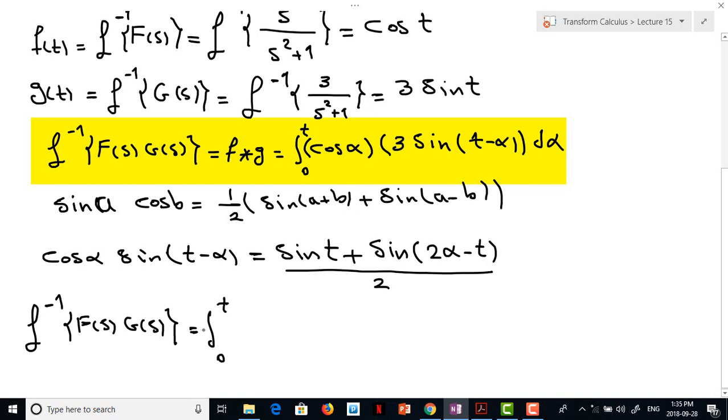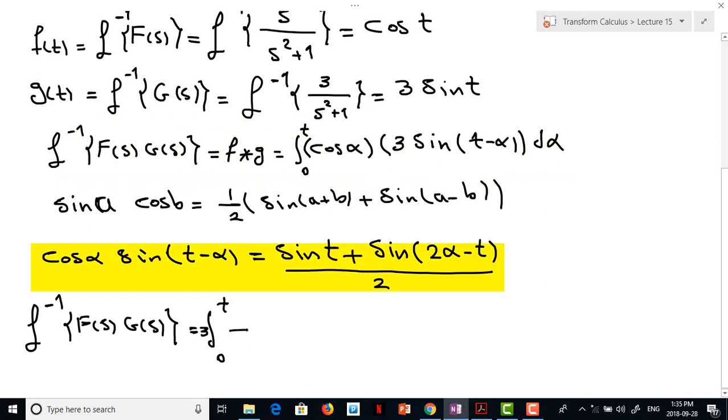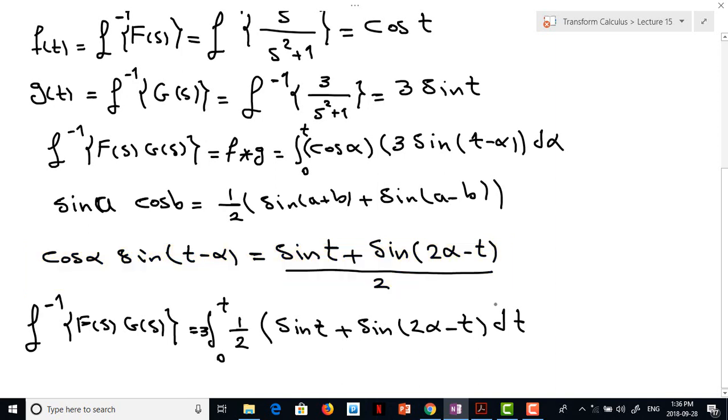So I just take 3 out of the integral. Cosine alpha times sine (t minus alpha), we already found it. It's half sine t plus sine (2 alpha minus t) dt. Sorry, d alpha.